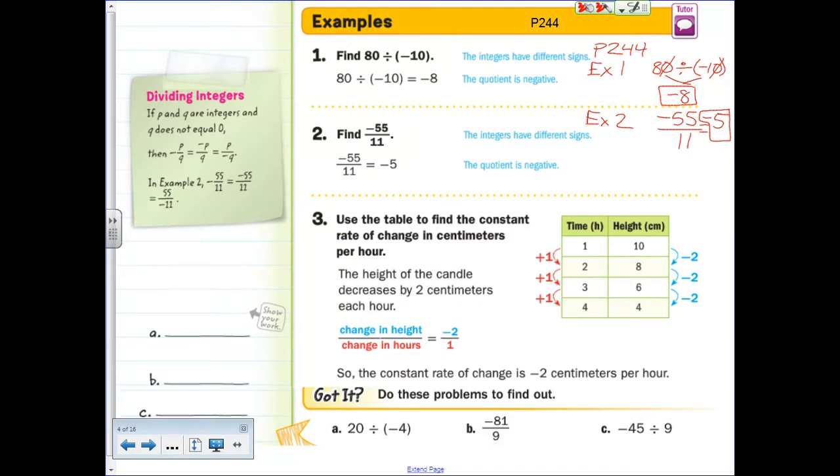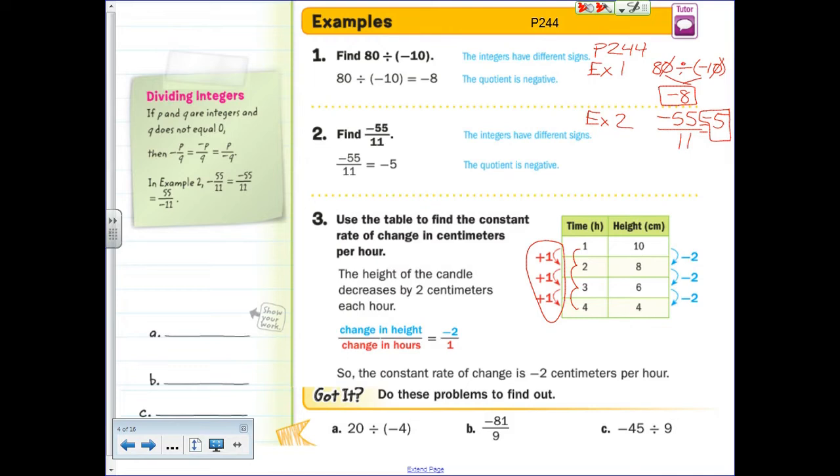Example 3 says, use the table to find the constant rate of change in centimeters per hour. Now, had we had chapter 1, we would understand what they mean by finding a constant rate of change. But it's not really that difficult to understand. If you look over here at this table, as the time goes up by 1 hour, so from 1 o'clock to 2 o'clock an hour, from 2 o'clock to 3 o'clock an hour, from 3 o'clock to 4 o'clock an hour.